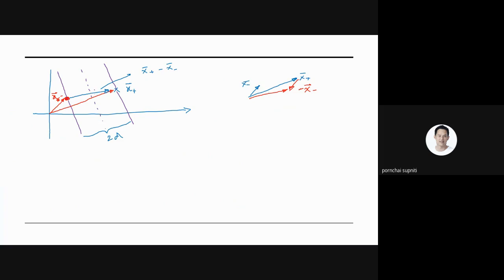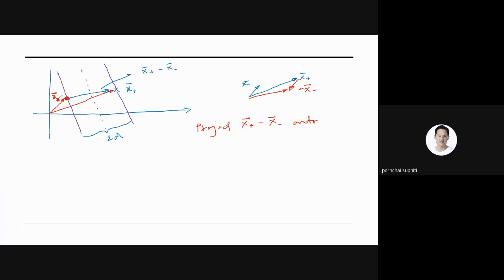But then if we want to find this width, we want to project x plus minus x minus, which is the blue line, onto the vector that is perpendicular to this boundary line.